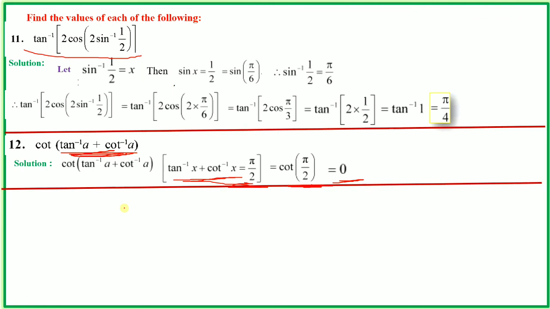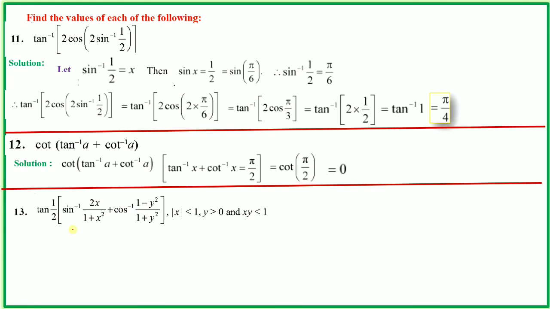12th is over. Now we'll move towards the next, 13th question. 13th number: tan of 1 by 2 times sin inverse 2x upon 1 plus x square plus cos inverse 1 minus y square upon 1 plus y square. This is an interesting question.